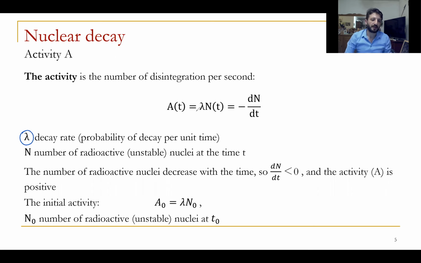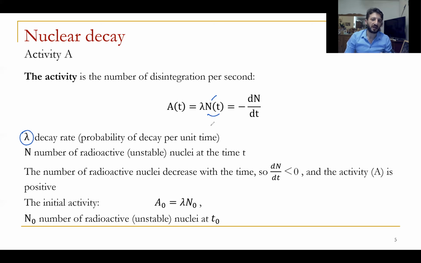What I mean by decay rate, I will talk about this point later. We get some definitions of lambda, the relation between lambda and N, and so on. In general, lambda is the decay rate and the probability of decay per unit time. N is the number of unstable, or radioactive, elements at a time t.